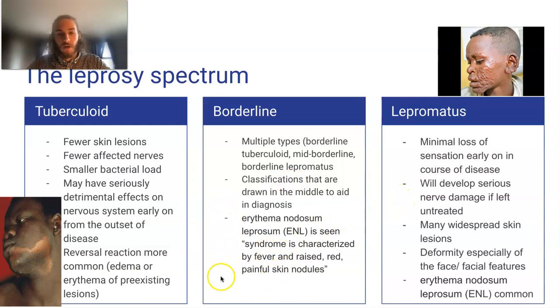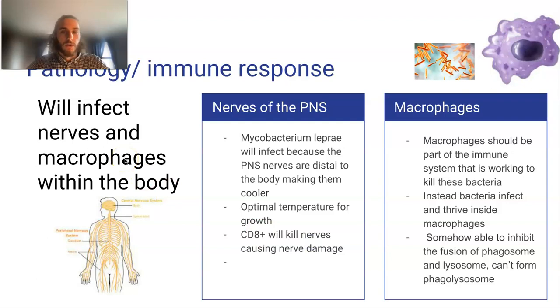Right, so you're usually going to see ENL with most of the borderline types of leprosy. Something that's really interesting is how the bacteria actually infects the body. We talked about how it infects the nerves, and the reason it infects peripheral nerves is because the bacteria's optimal growth temperature is that of the nerves.